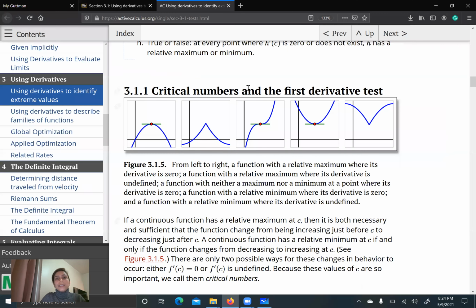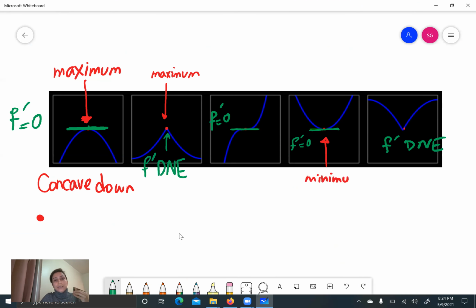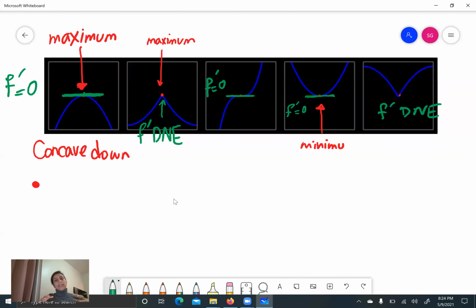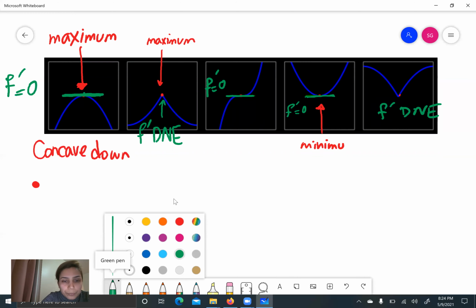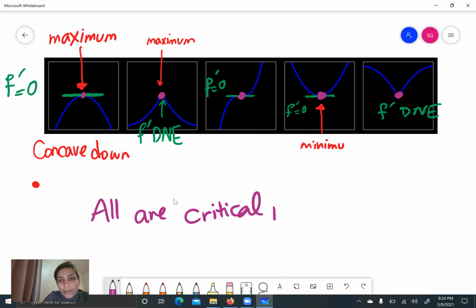So what are the critical numbers of a function? Any point where either the derivative is 0 or the derivative doesn't exist. So critical is more general than maximum and minimum, because, for example, we say that all of these are critical points of the function, but not all of them are extreme values.